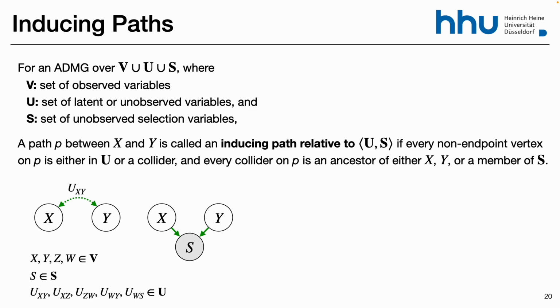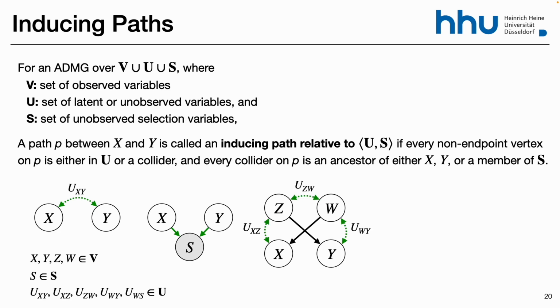So it represents the fact that X and Y are associated, and X is an ancestor of a selection node or Y, and Y is an ancestor of a selection node or X. Since they cannot have a cycle, the only case is that they are associated by a selection node. So that's a representation of an undirected edge in the MAG.